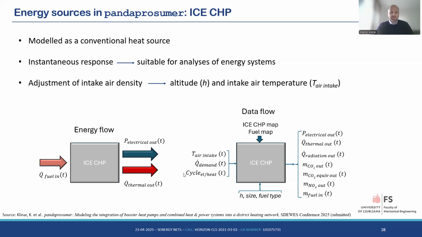Now, I should mention here that the response is instantaneous. This means that it's useful for analyzing or evaluating energy systems as a whole, but at this stage it doesn't have a dynamic response.